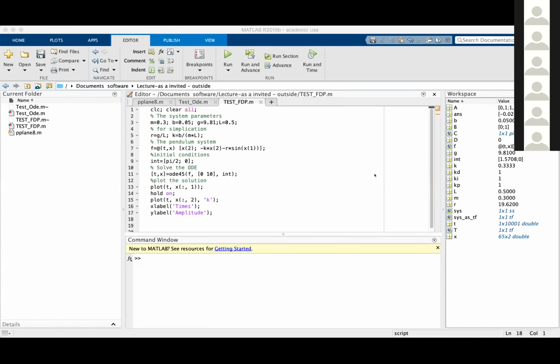Now what we'll do is we'll linearize our system about some fixed point. How do we find the fixed point? We have a pendulum system and we'll find the fixed point for our pendulum system.